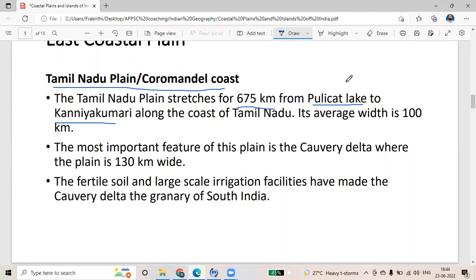This is on the southeastern side. When we take Tamil Nadu, it extends up to the southern tip of India. There we have this Tamil Nadu plain, or we can call it the Coromandel coast. Its average width is almost 100 kilometers.